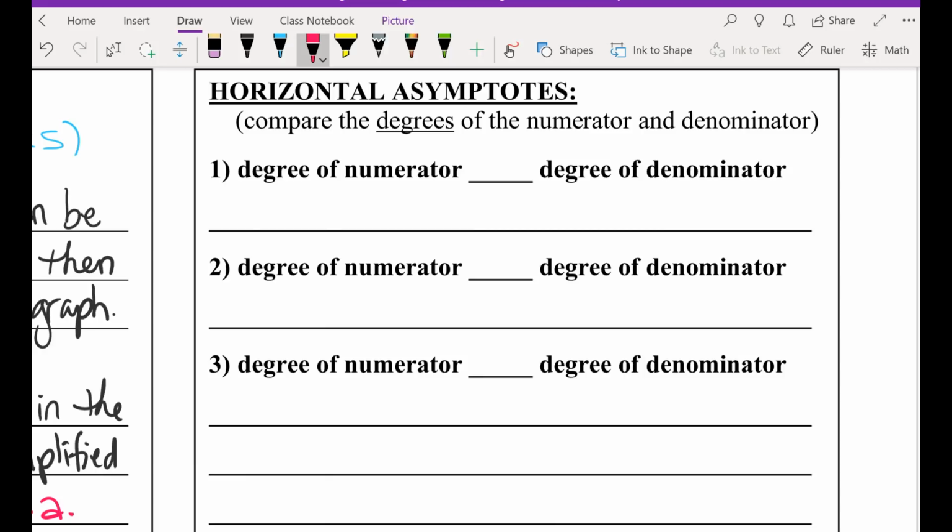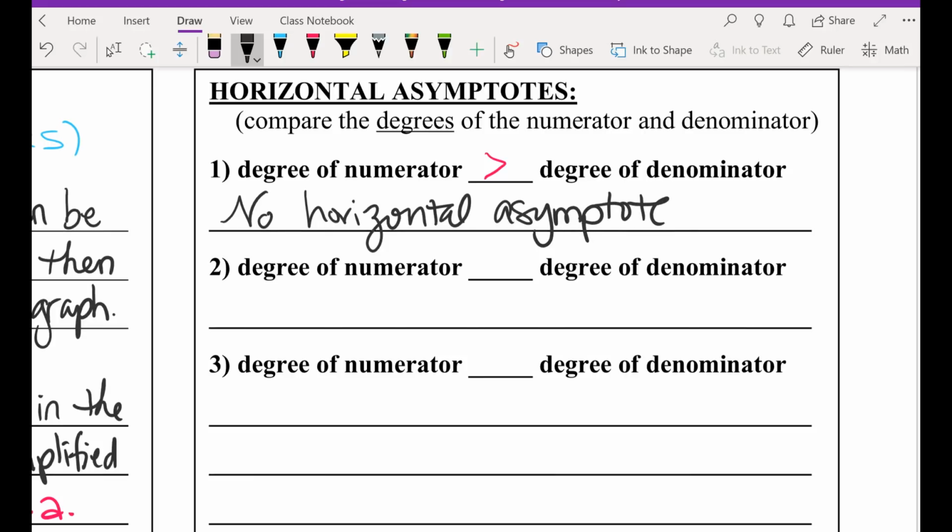So we put it in standard form, which means biggest exponent descending to the smallest. The degree is the highest exponent. If you need to, write that down. Okay, so the degree of the numerator, if it is greater than the degree of the denominator, so the top has a higher degree than the bottom, then there is no horizontal asymptote.